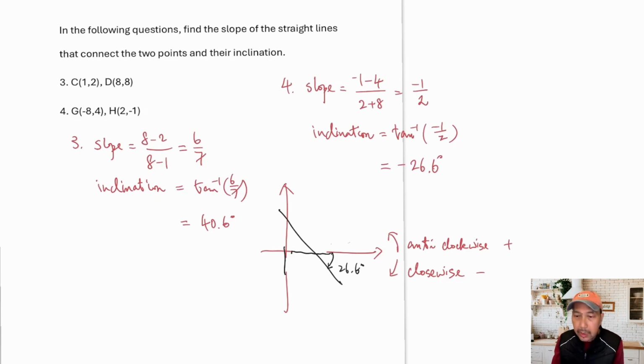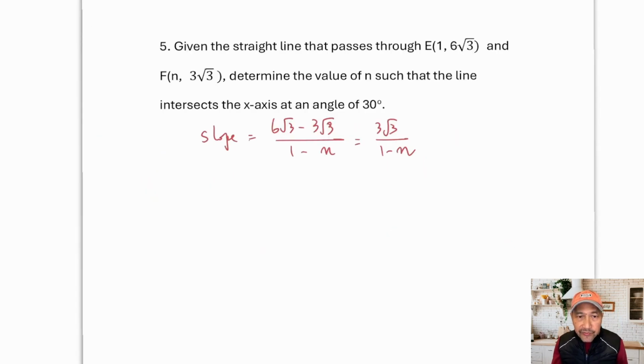So the inclination alpha is equal to 180 minus 26.6 degrees. So the answer of this question is 155.4 degrees.